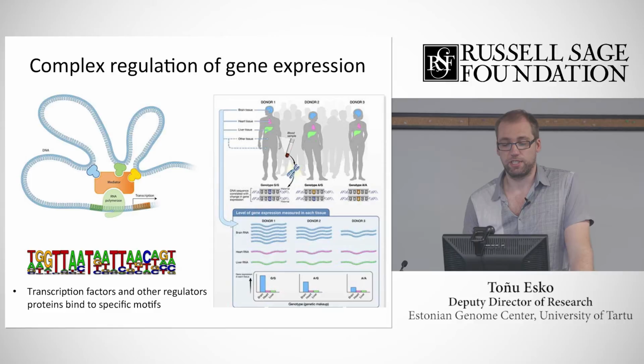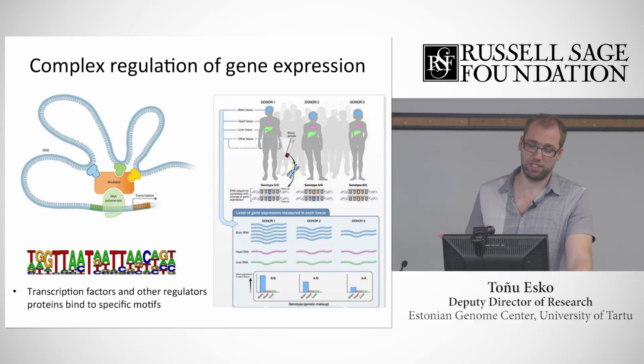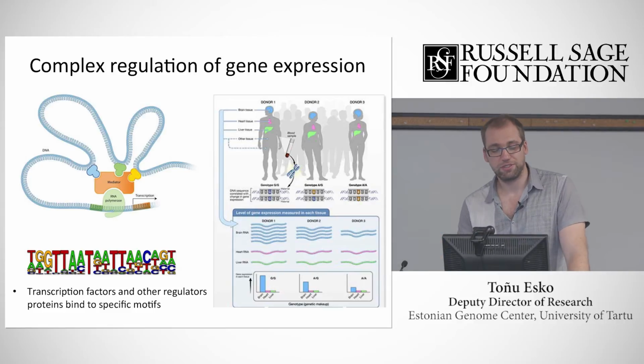And later on, if we see how to define which is the causal gene, if you go for the nearest gene, you are usually almost correct, because the variants there somehow affect the gene expression, and that's why the closest gene may be the causal one.